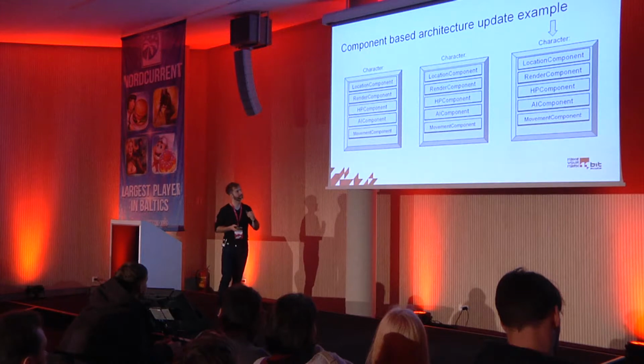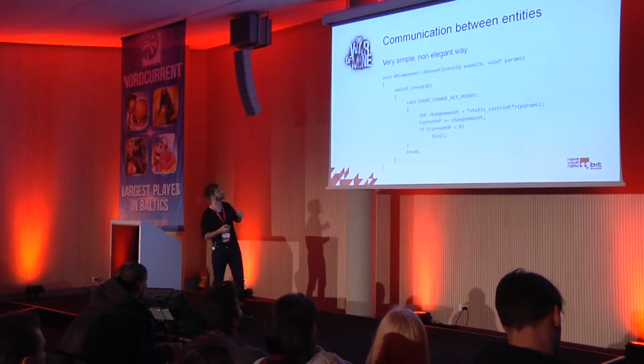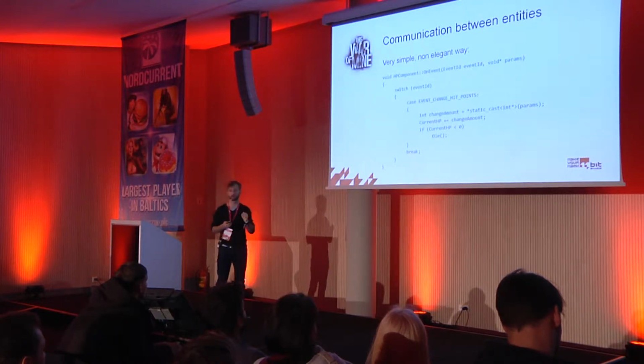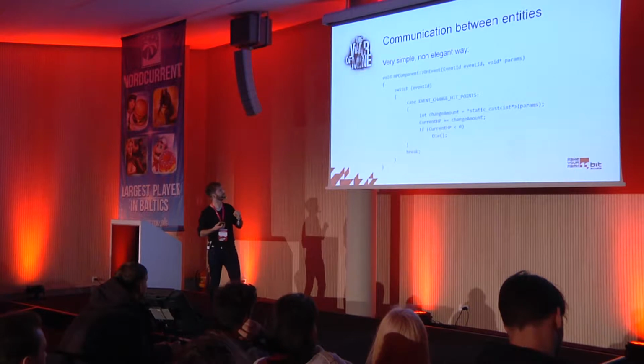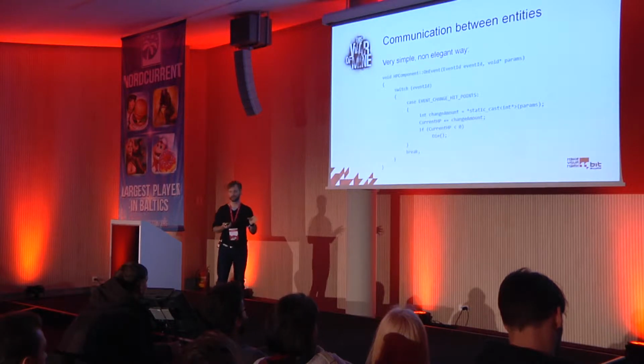What does it mean? One more thing. How do we communicate between those characters? Oh no, it's a little bit of code. Sorry for that. I hope that it's not very boring stuff, but I just wanted to show that it was a very crude way of doing the communication in our game.